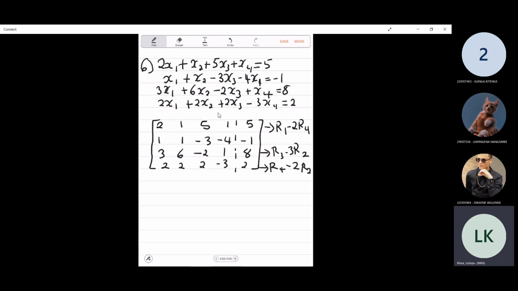Okay, that is what I have. And then after I do that, I am going to interchange row 1 and row 2. But let's work it out anyway and see.